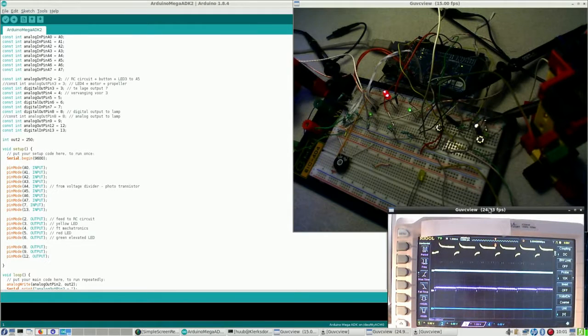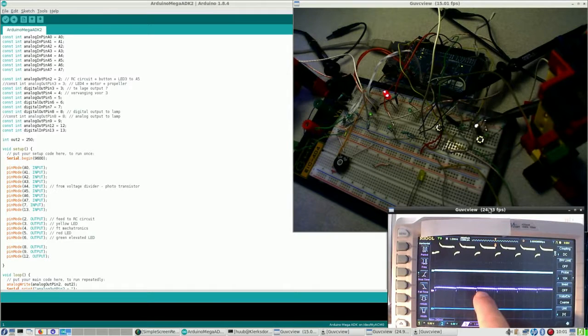Right here. So this signal is per cell height 5 volts. This one 5 volts. This one I've set to 1 volt. So one cell height is 1 volt. And then this one is 5 volts again.